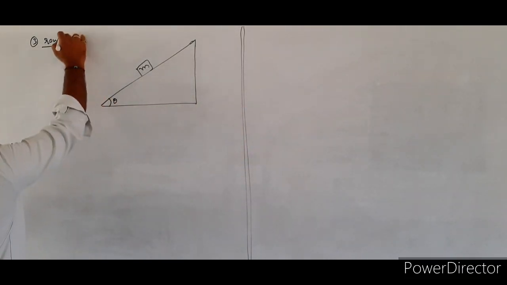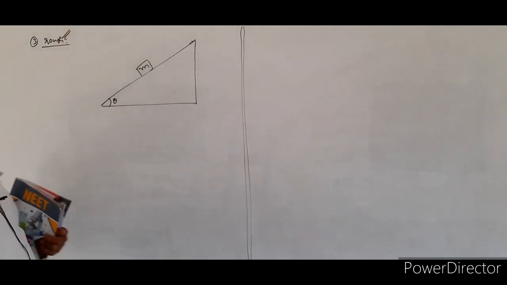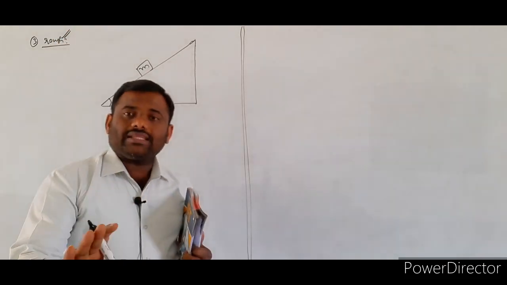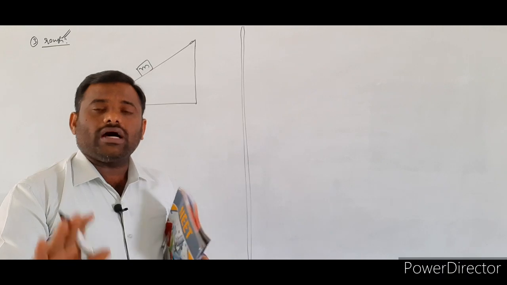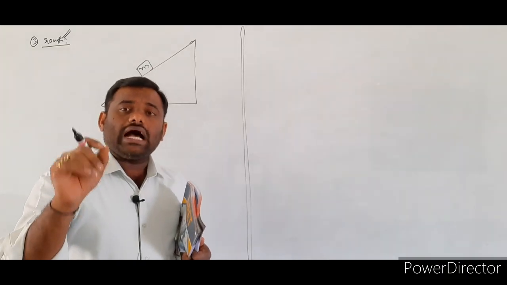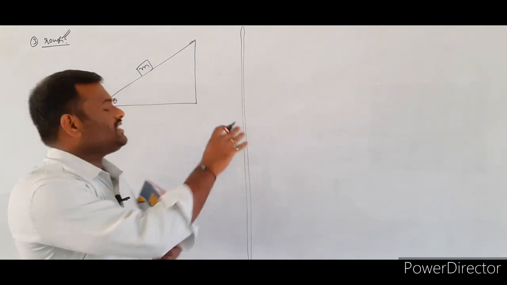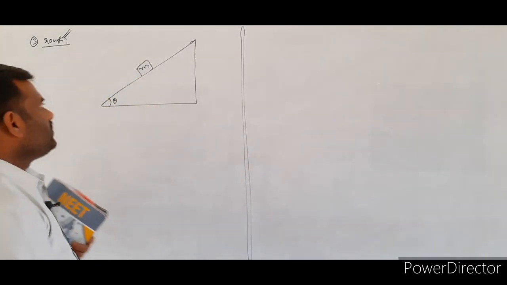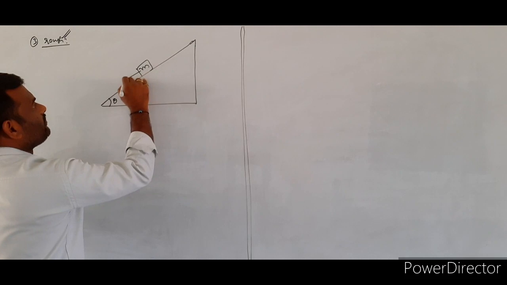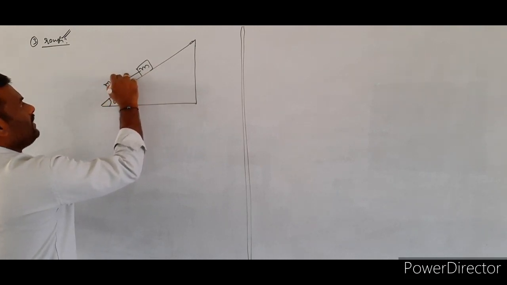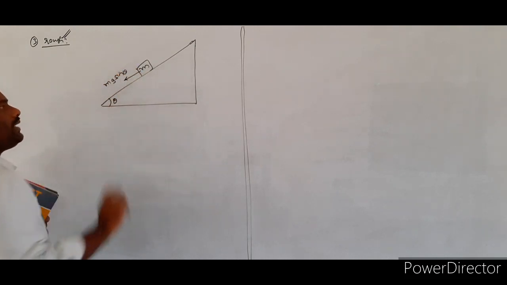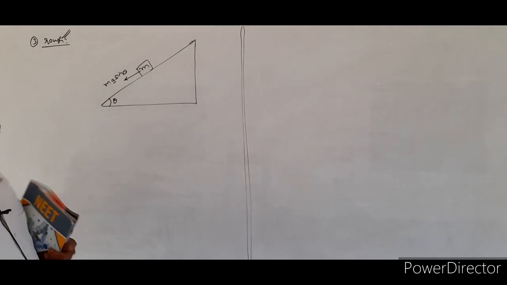Here, which type of inclined plane do we consider? Rough inclined plane. Whether the plane is smooth or rough, first we have to represent the gravitational component of the force which is acting along the inclined plane. The component of the gravitational force acting along the inclined plane is always equal to mg sin theta.